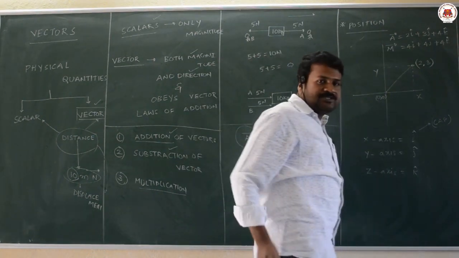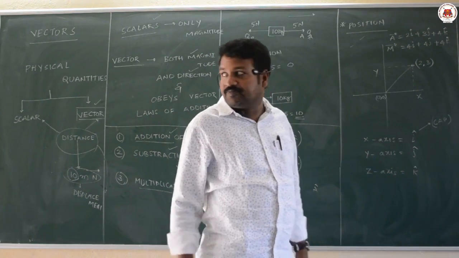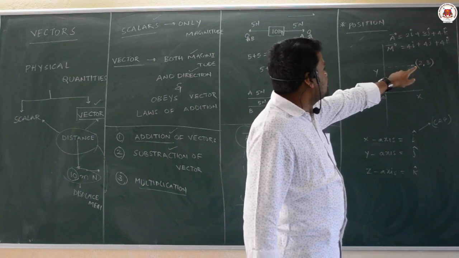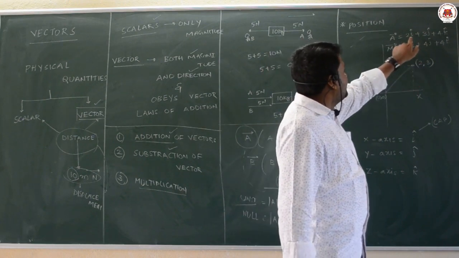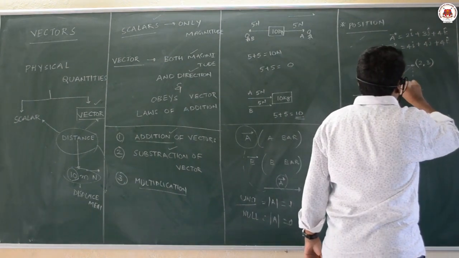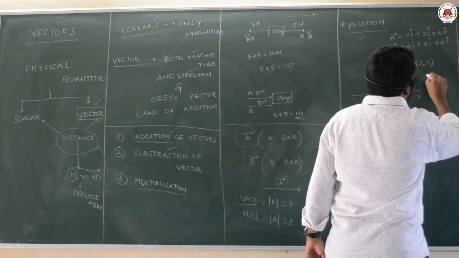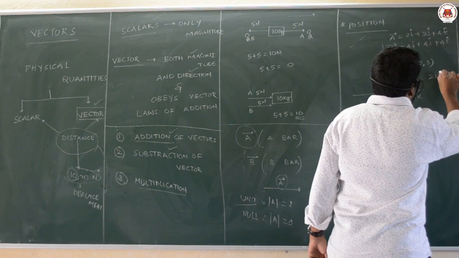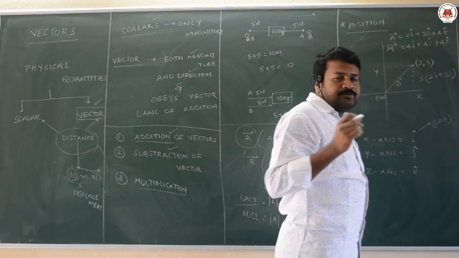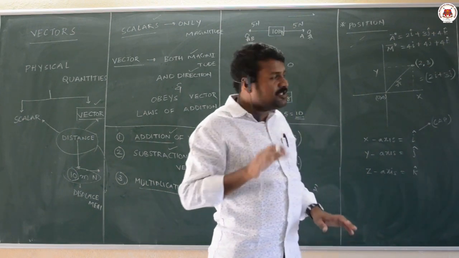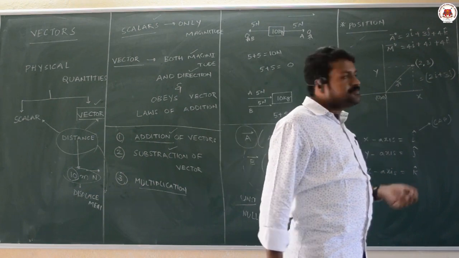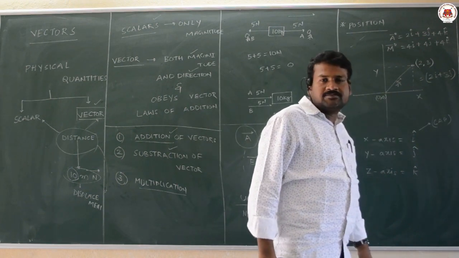It is similar to your coordinate geometry: the x coordinate is written with i. If you are representing a vector a bar here, it can be written as 2i plus 3j. Any position we are representing, what is its position? 2 along x, 3 along y.